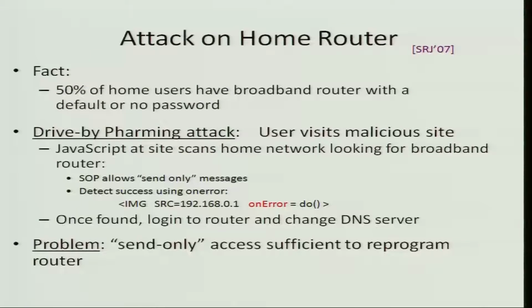And this is not only for routers. We have seen this in the power grid. In the power grid, many of the intelligent devices have passwords, but they are factory set passwords and nobody bothered to change them.